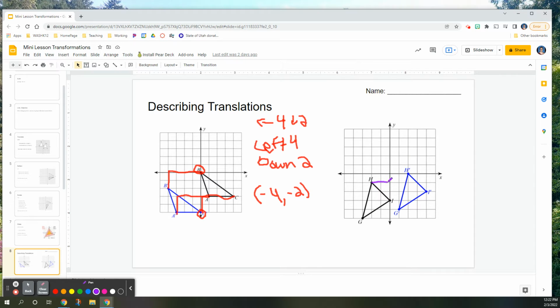I go over 1, 2, 3, 4, and up 1. So you can write that as right 4, up 1, or 4, 1. Okay, whichever ways you want to write these is okay.